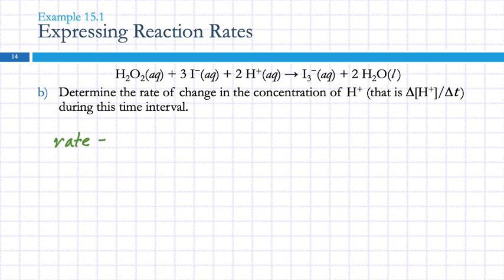Rate equals. H plus is also a reactant, so we need that negative sign. And then the coefficient of 2 goes in the denominator. So times 1/2, and this is going to be the change in hydrogen ion concentration divided by the change in time.